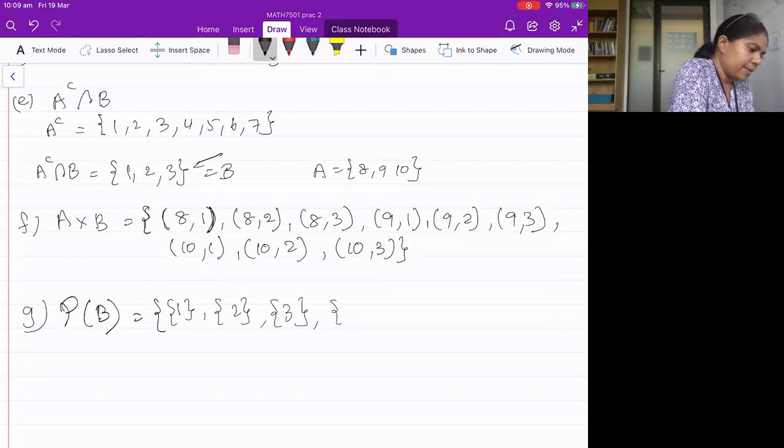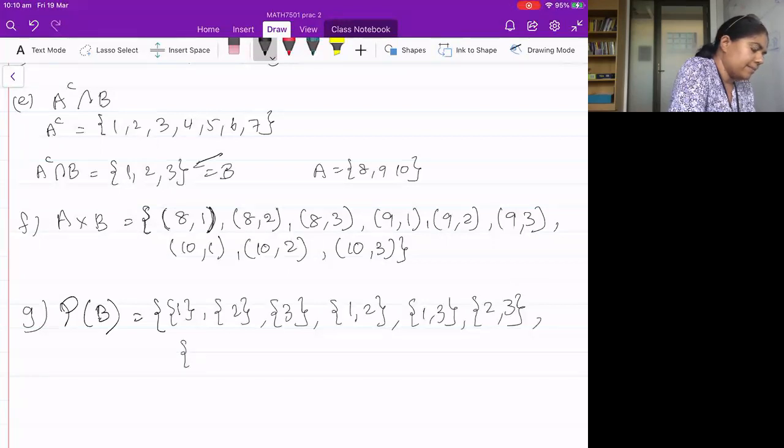subsets containing 2 elements, {1, 2}, {1, 3}, {2, 3}, and the subset containing 3 elements, {1, 2, 3}, and what else is missing?